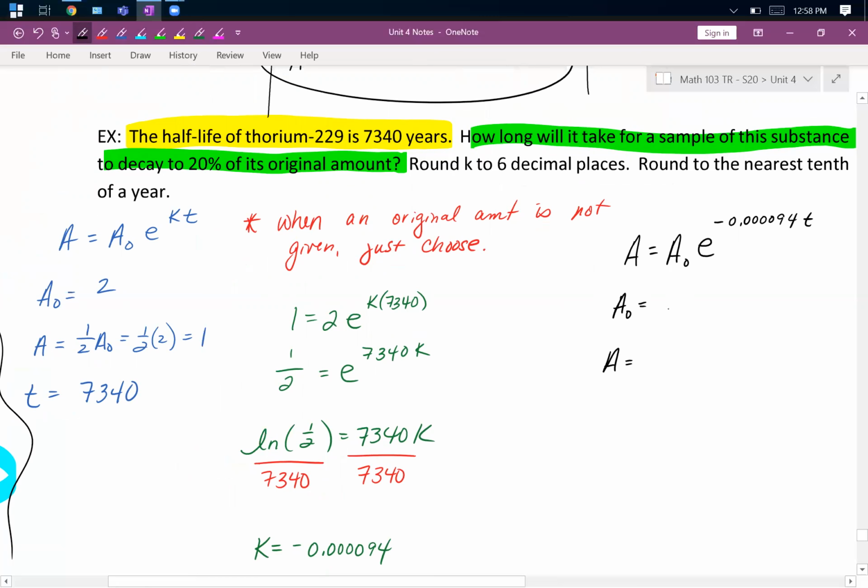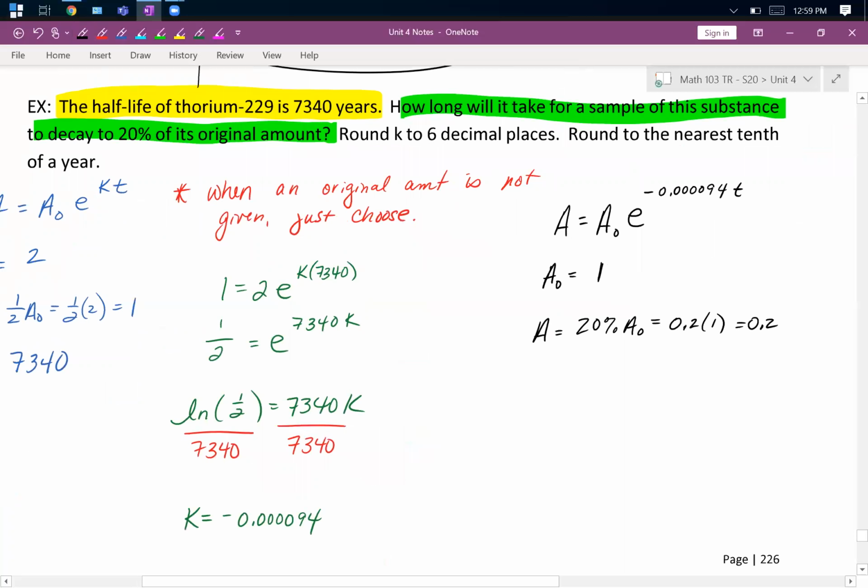They want to know how long it's going to take for this sample of the substance to decay to 20%. So that means we want 20% of the original. So to get our A, we're doing 20% times a sub 0. So that's 0.20 times 1. We're getting 0.2.